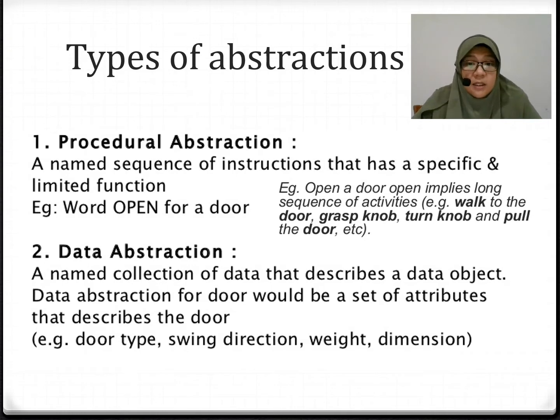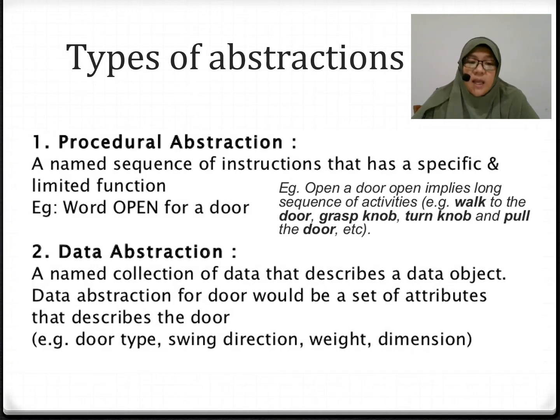That is, you walk to the door, you hold the knob, you turn the knob, push the knob, and you pull the knob. So one word, open the door, actually represents 4 or 5 lines. Right? So in your model, when you model it, you have to choose a good word which is a good way of representing the sequence of activities, right?